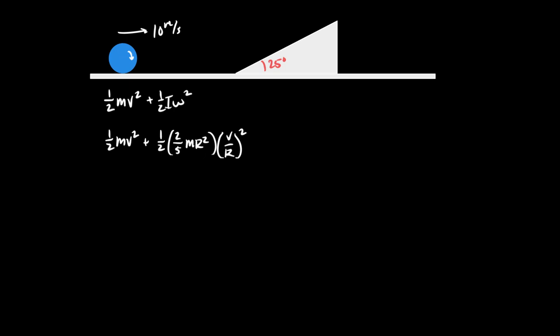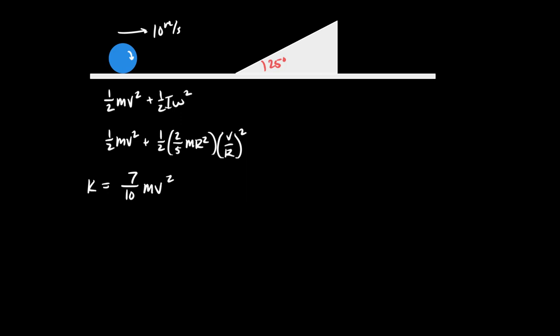The 1/2, the 2 and the 1/2 cancel, and we get 1/5 and 1/2, common denominator 10. So let's see, is it 7/10 mv squared? I believe that's right. Can somebody check my math? Is that good? All right. So we have the mass, we have the velocity, so I think that part's done. That is the kinetic energy of the system as it's rolling along the surface.